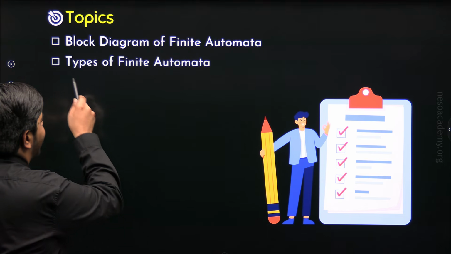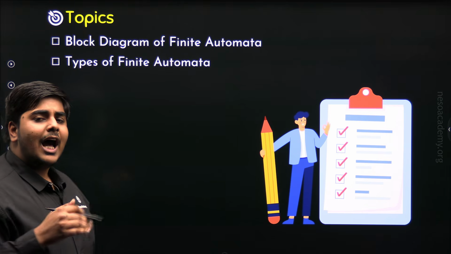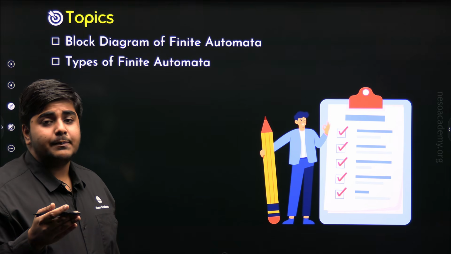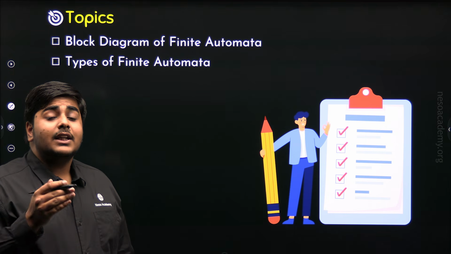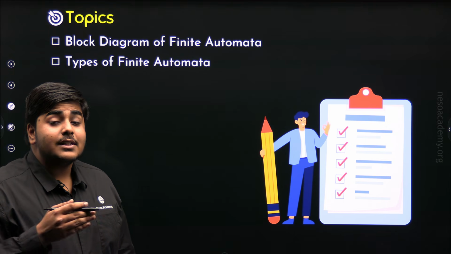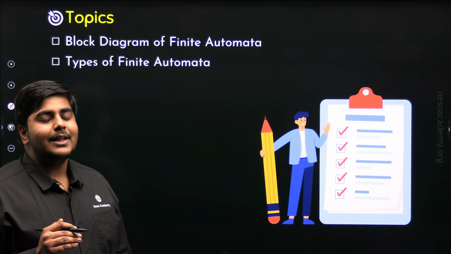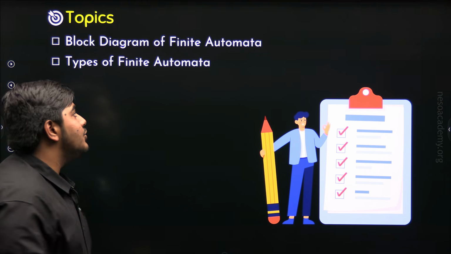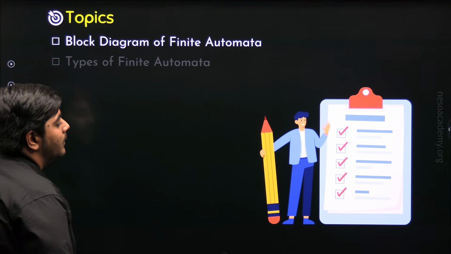Our last topic is the types of finite automata, in which I will tell you about the different types of finite automata. In this section, we will see the classification as well as the sub-classifications of finite automata. So now let's get started with our very first topic, that is block diagram of finite automata.